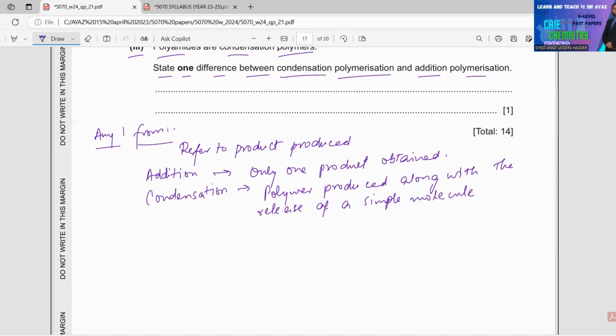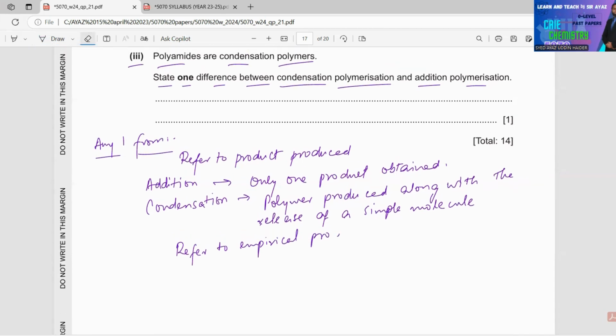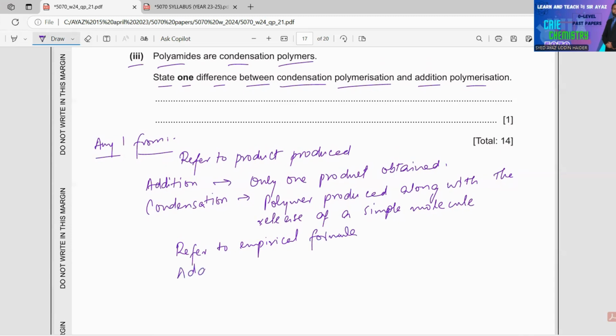Or you can refer to the empirical formula. In case of addition, polymer and monomer have the same empirical formula.